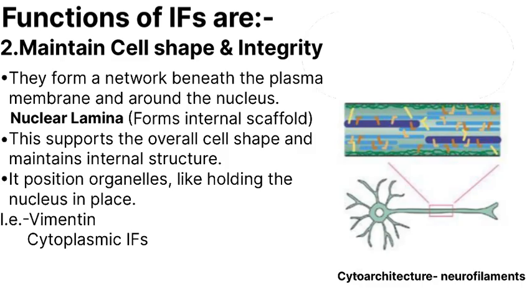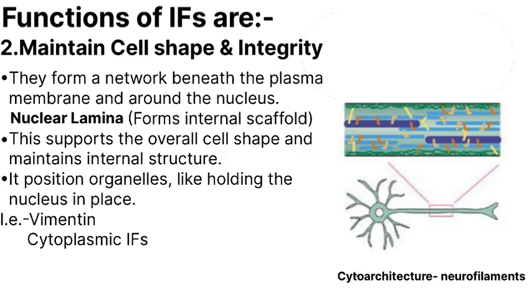So the word cytoarchitecture suggests the structure must be strong and flexible at the same time, and that is where the neurofilament comes in. Neurofilaments are basically a special type of IF found only in neurons. They form the internal support system of the nerve cells as they are part of the cytoskeleton. Along with that, there are microtubules for transport and actin for shape and movement, as you can see in the diagram.